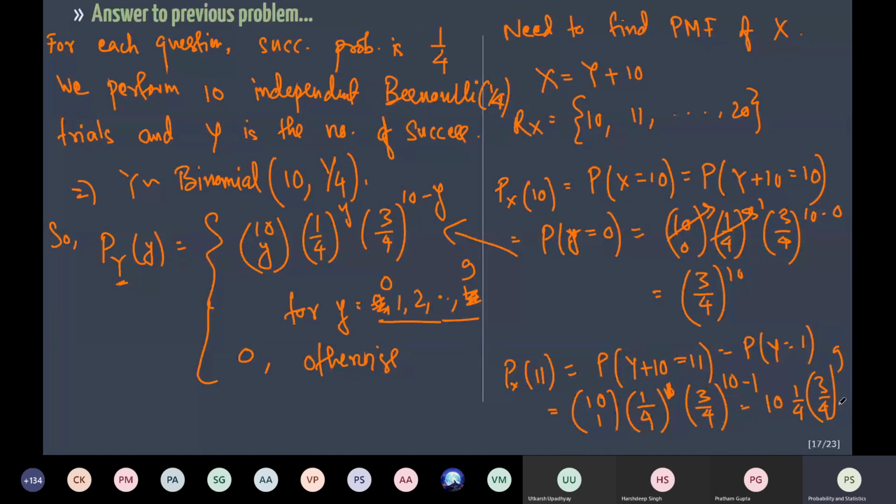Okay, so in general, we can compute probabilities. Let us continue from here.